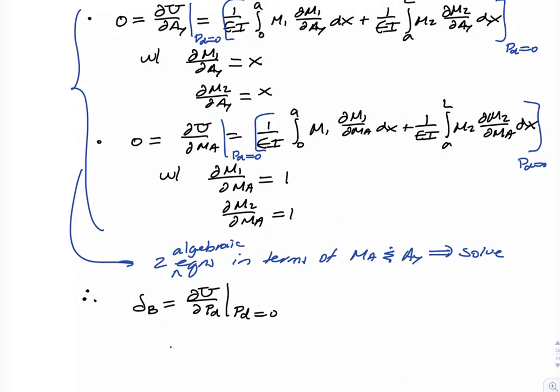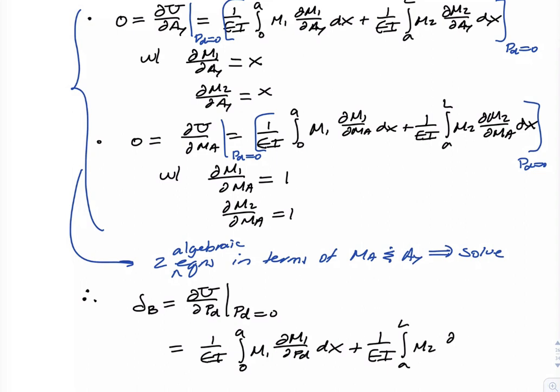And so what this ends up being is 1 over EI integral from 0 to A of M1 partial M1 with respect to PD dx, plus 1 over EI integral from A to L of M2 partial M2 with respect to PD. Again, we set PD equal to 0.